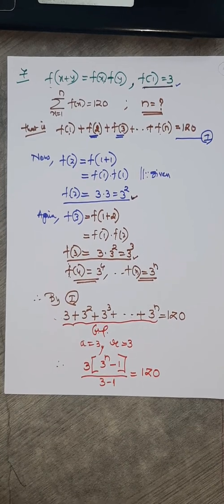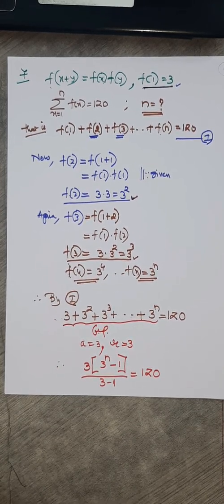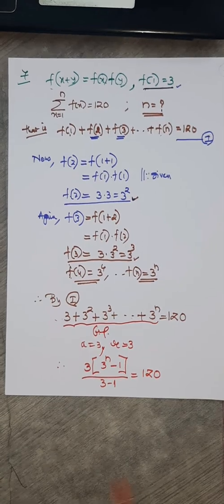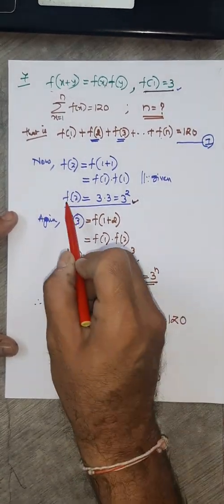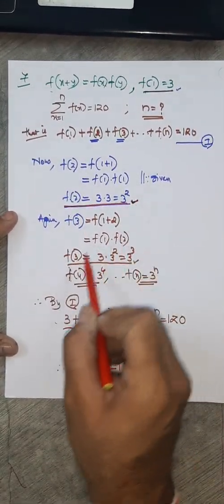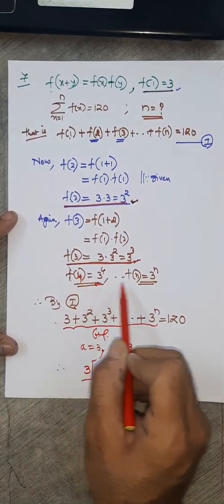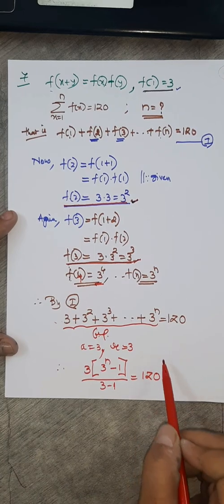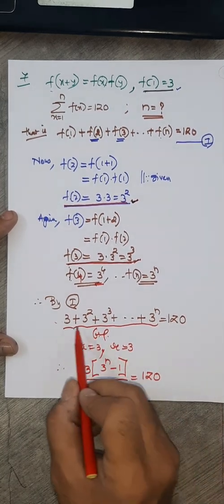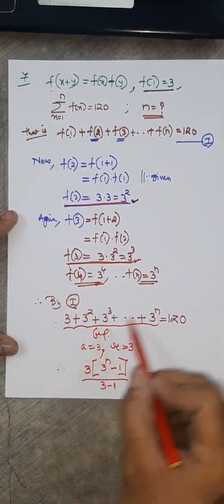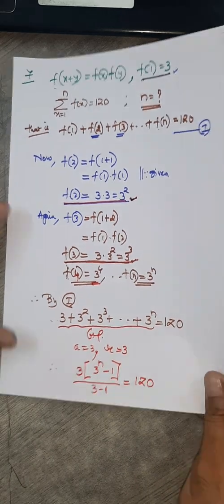Fine. I hope up to this it is clear to you. Am I right? The important one is this calculation of the function. Why f of 2 is this, why f of 3 is this, and then we wrote inductively. And then this becomes just a geometric progression. And this we have just placed in equation number 1.